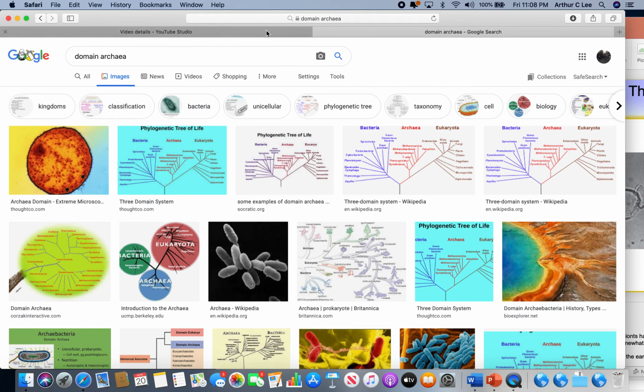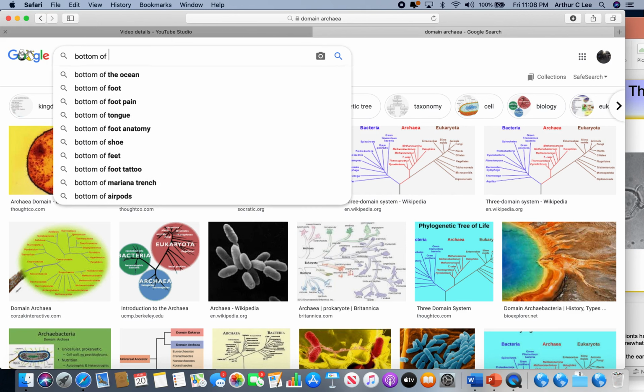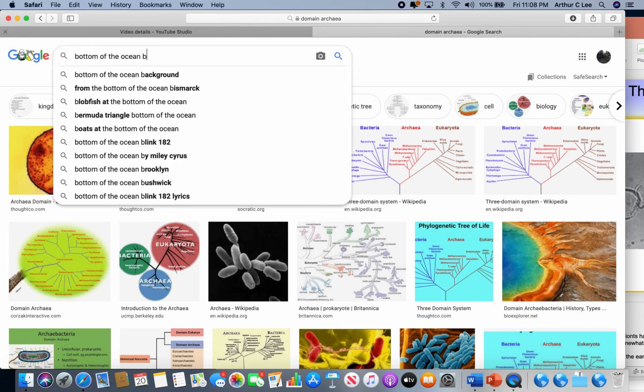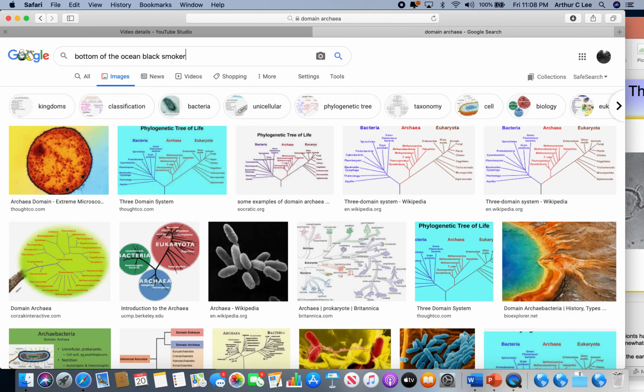Well, in order to tell you about domain Archaea, I got to tell you a story. Back in the 1970s, French submariners discovered a new form of life at these things on the bottom of the ocean. We find these things called black smokers.